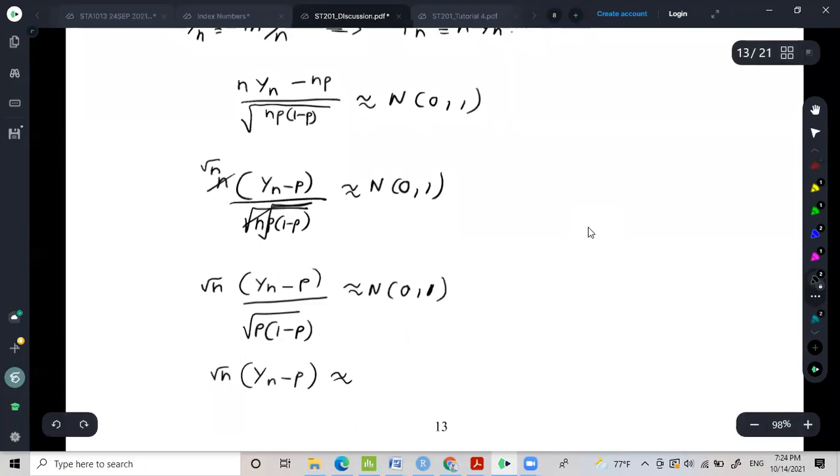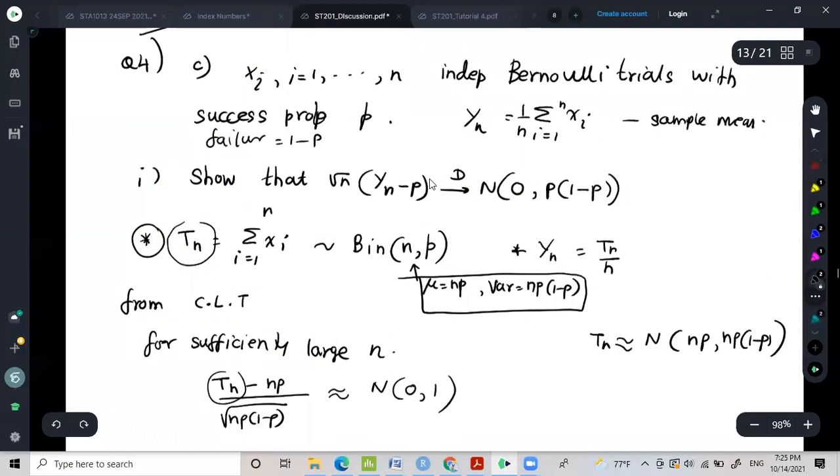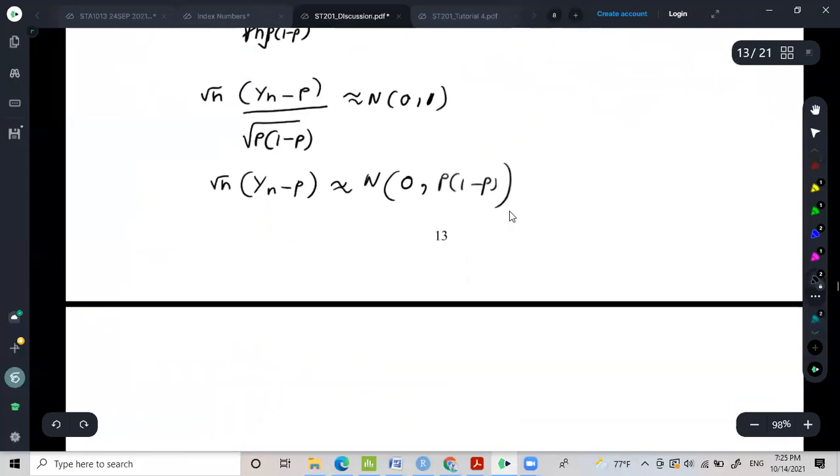You keep the mean as it is, still 0, and instead of the standard deviation you write the variance, so the square root goes away. So you have square root of n (Yn minus p) approximately normal, 0, p(1 minus p), and that is exactly what we have to show: it goes in distribution to normal with mean 0 and variance p(1 minus p).